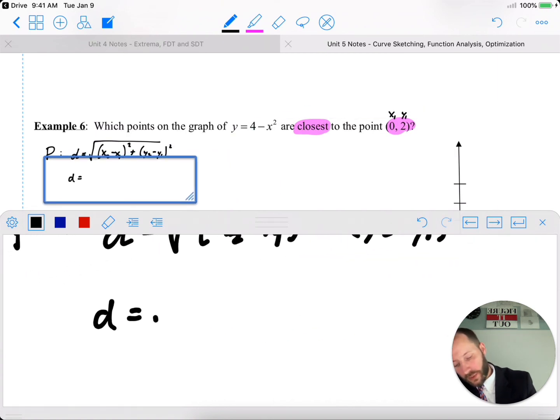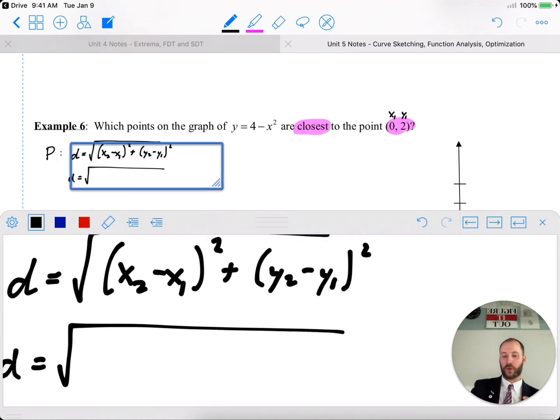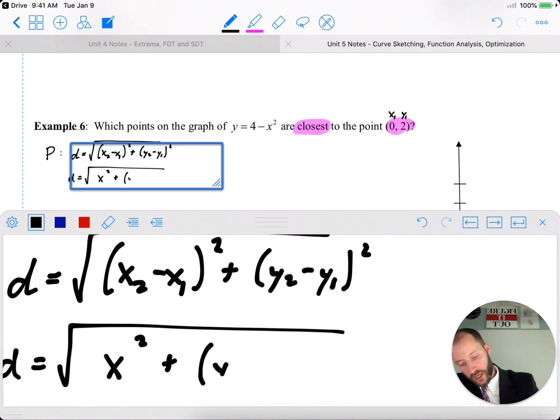So substituting things in, x2 minus x1, which is 0. So we'll call that x squared plus y2 minus y1, that's y minus 2, squared.